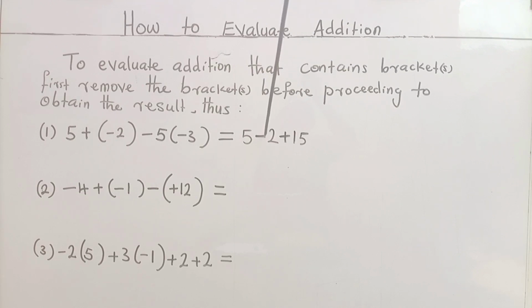I hope you're following. Now we know how 5 came to be. We know how minus 2 came to be. What about this plus 15? Let's go back to the operation again. This minus is not a sign of subtraction, and that minus 2 is not a sign of owing.